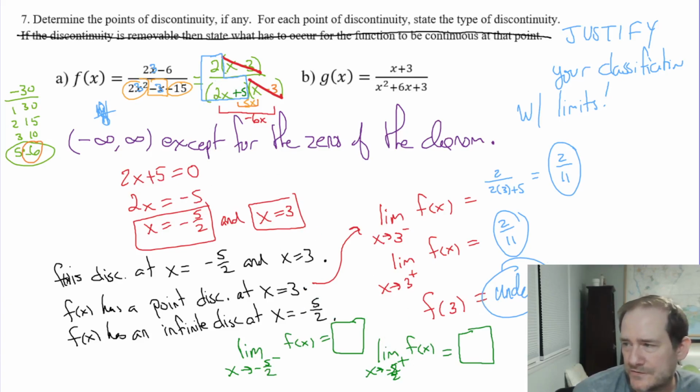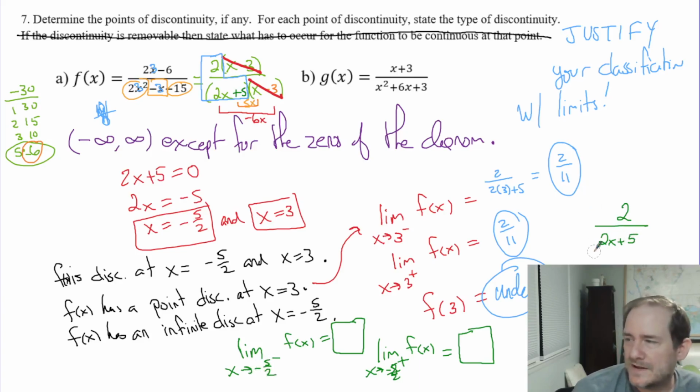Again, I would urge you to consider the simplified version, the 2 over 2x plus 5. And what I would do if I were you is I would just imagine plugging in a number that's just a little bit less than negative 5 halves. By the way, negative 5 halves, that's negative 2.5, right? So imagine plugging in negative 2.6 or something.